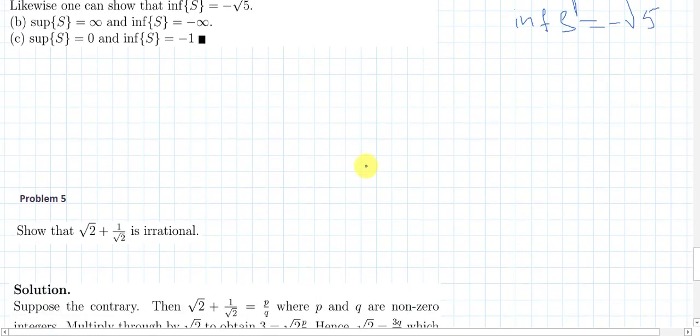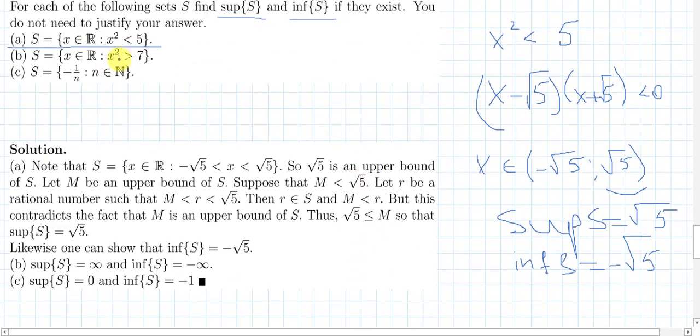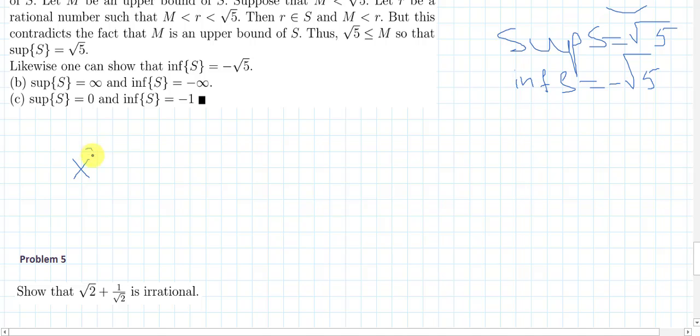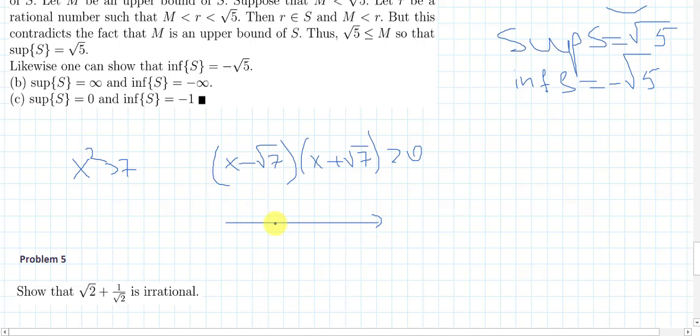And in the next one, it is x squared greater than 7. So let me write here x squared greater than 7. Let's solve this inequality, and we have x minus square root of 7, x plus square root of 7 greater than 0. And how can we solve? Here we have minus square root of 7. Here we have plus square root of 7. This is a matter of intervals. Plus, minus, plus, we have the whole plus.